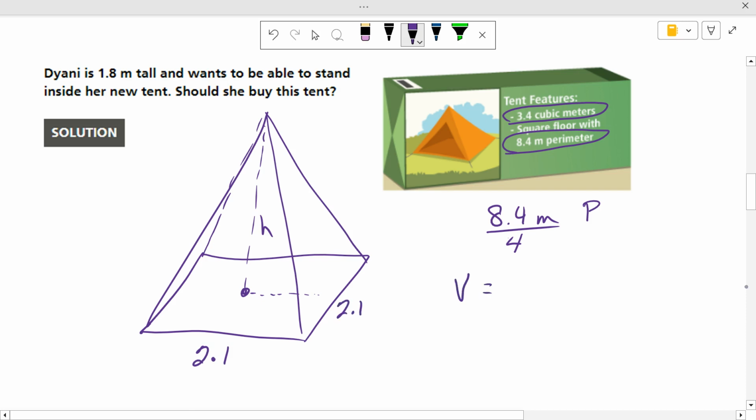So the volume of the tent is 1/3 the area of the base times the height. The volume, they say, is 3.4 cubic meters. To find the area of the base, it's 2.1 times 2.1. And then we find the height. Well, 2.1 times 2.1 is 4.41, I think.